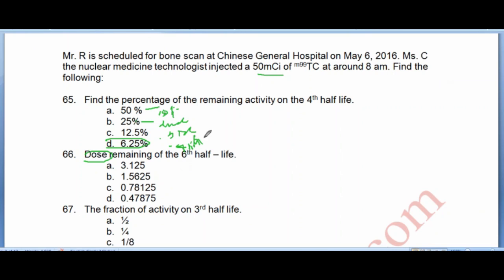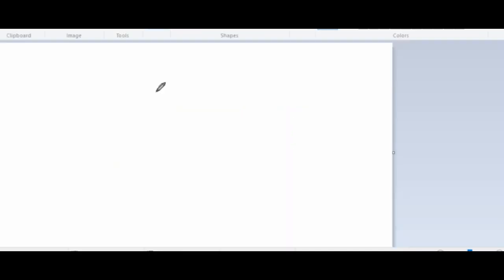So what we are going to do is find the given. This is our given, 50 mCi. We will write the half-lives of our 50 mCi on the other side. Let us erase the drawing first, then go to Paint. The original is 50 mCi.